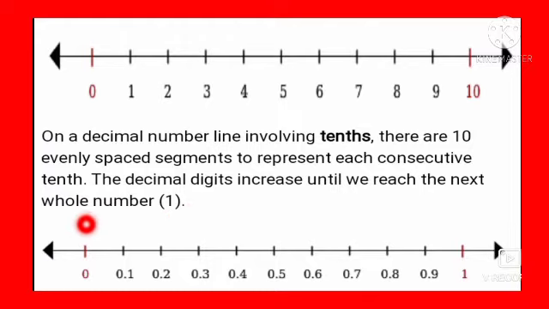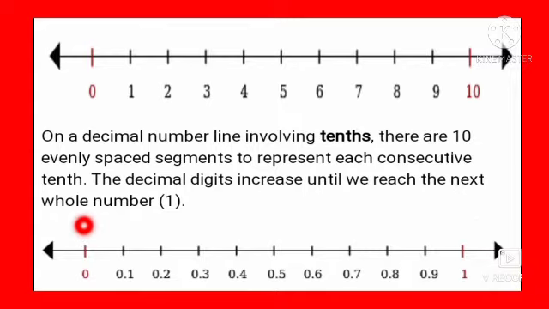So, children, here the decimal digits are divided into 10 equal parts from 0 to 1. The next decimal after 0 is 0.1, and then 0.2, 0.3, 0.4, 0.5, 0.6, 0.7, 0.8, 0.9. After 0.9, we get the whole number 1.